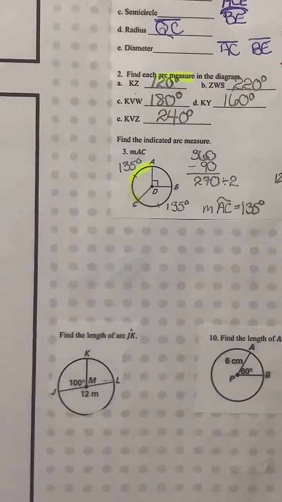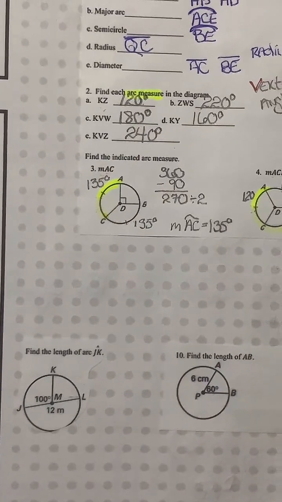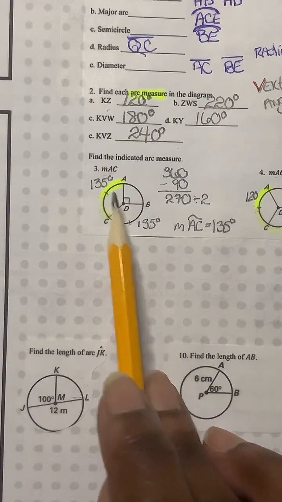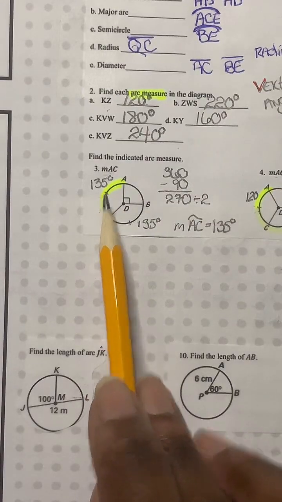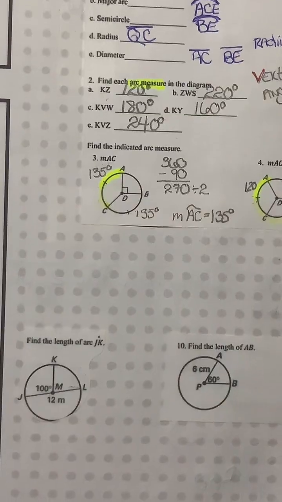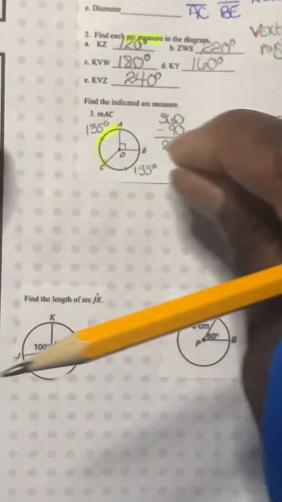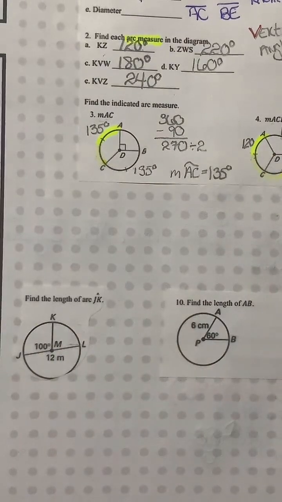Arc measure deals with the central angle. Whatever your central angle is, that's what the measurement of the arc is. But when I'm talking about arc length, I'm talking about how long is that arc.